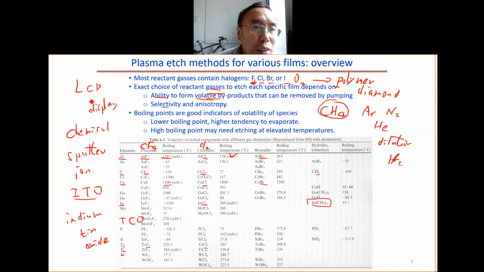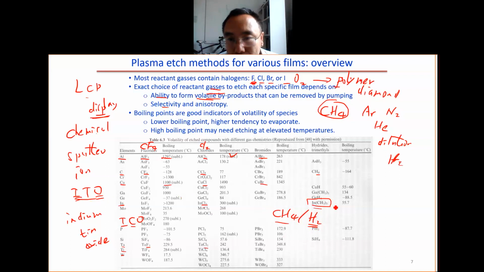It's very popular for displays because we need it to be transparent and also conducting. This one can be etched away by the mixture of those two gases. The hydrogen can take away the oxygen, and the methane can etch away the indium to form this one.